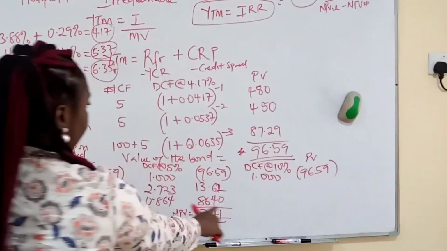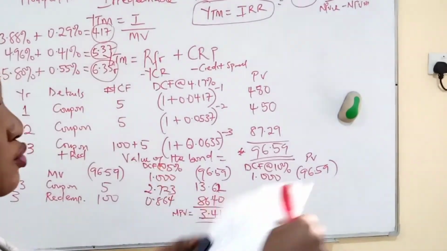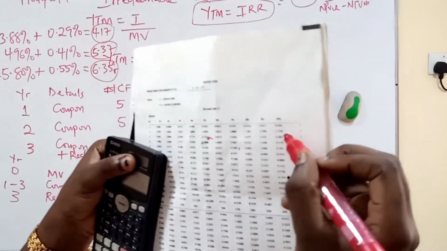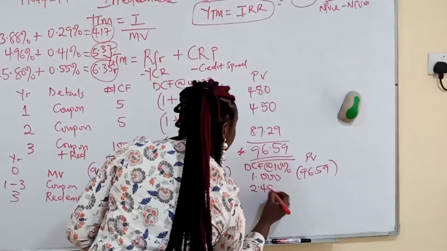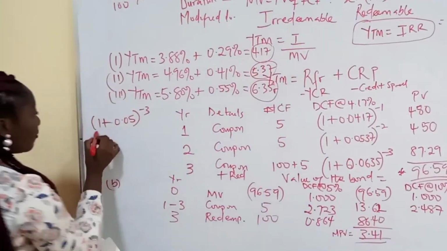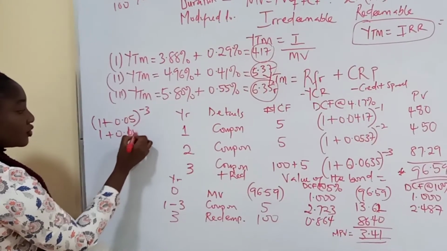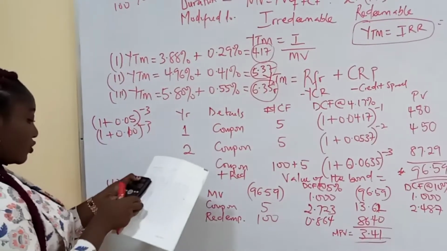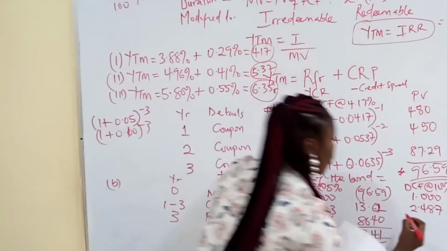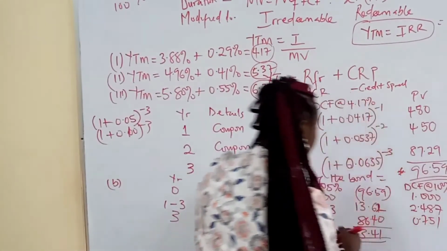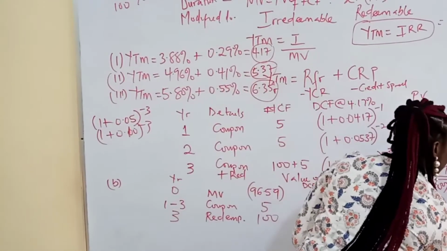Now here your discount factor for 10%, 10% under 3 years, that's 2.487. And for here, you have 1.10 raised to power minus 3, so 1.1 raised to power minus 3. That is 0.751. Yeah, it's very common. So multiply by 100, you have 75.1.